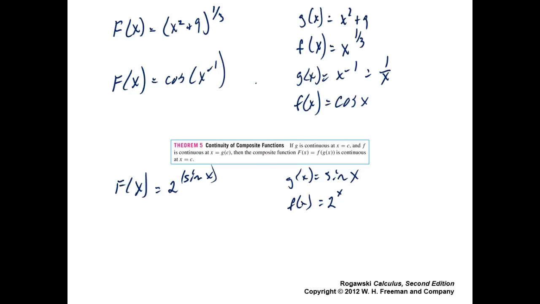How about the continuity of 2 to the x? Everywhere. 2 to the 0 is 1. 2 to the any x. Minus 1, that would be 1/2, plus 1 would be 2, yeah. So f is continuous everywhere, g is continuous everywhere, so your capital F is continuous everywhere.